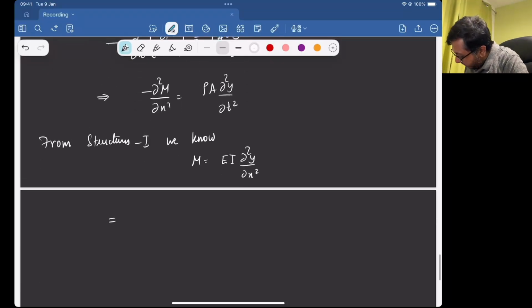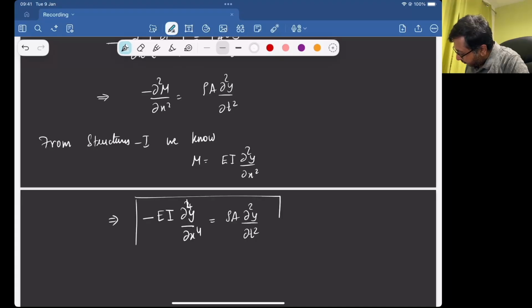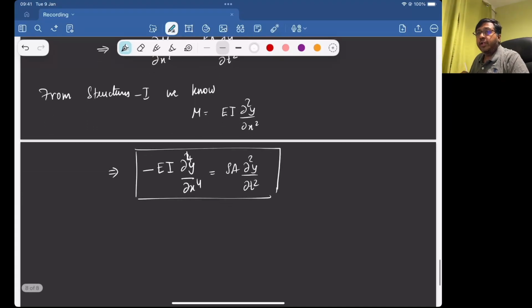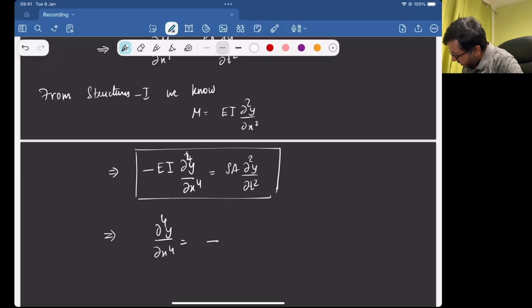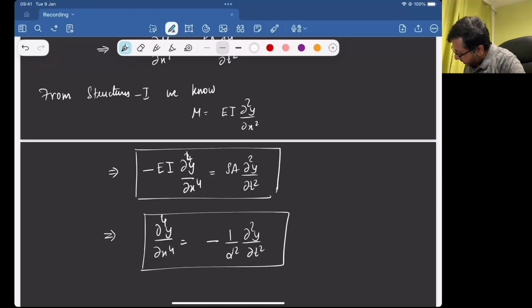If I substitute back, I have minus EI ∂⁴y/∂x⁴ equal to ρA ∂²y/∂t². Or I can rewrite this as ∂⁴y/∂x⁴ equal to minus 1 over α² times ∂²y/∂t², where α is the square root of EI over ρA.